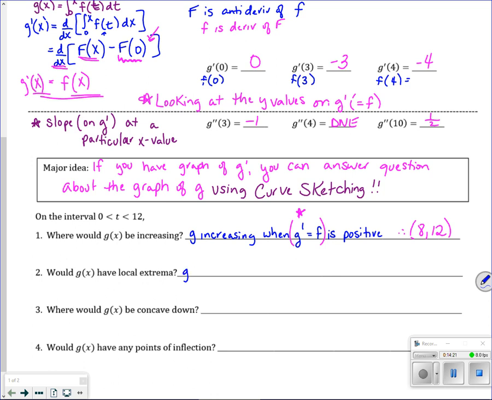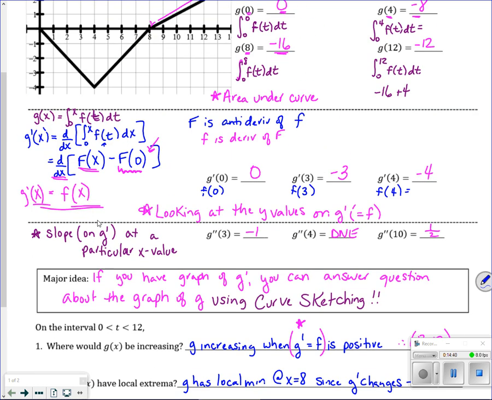So G has a local min at x equals 8 since G prime changes negative to positive. So you can see on the graph, right here is where G prime changes from negative to positive.